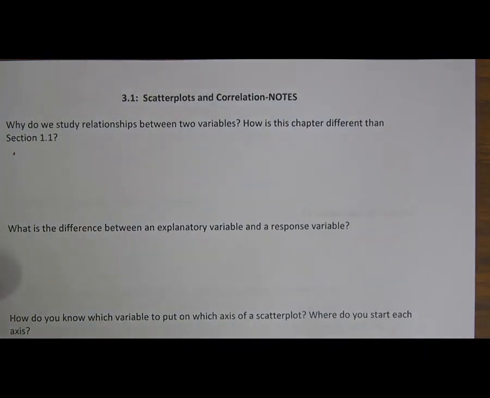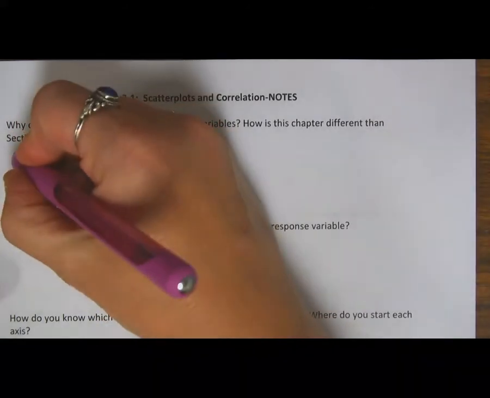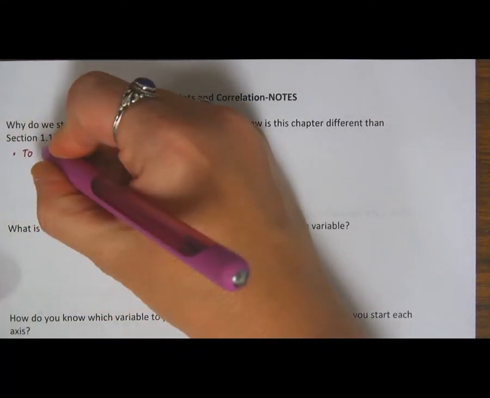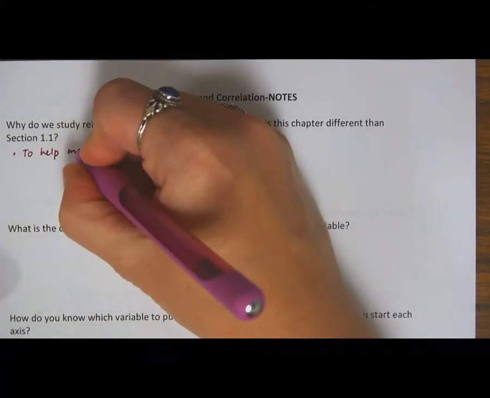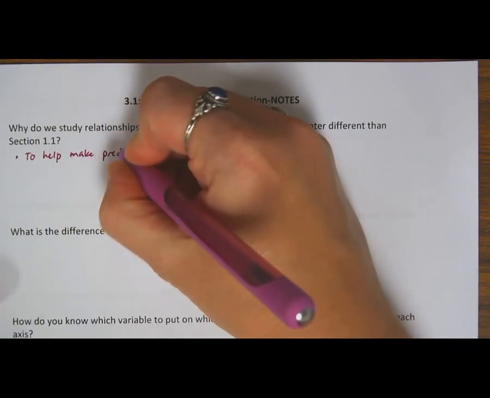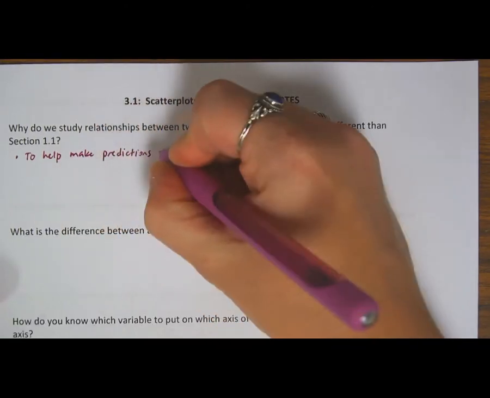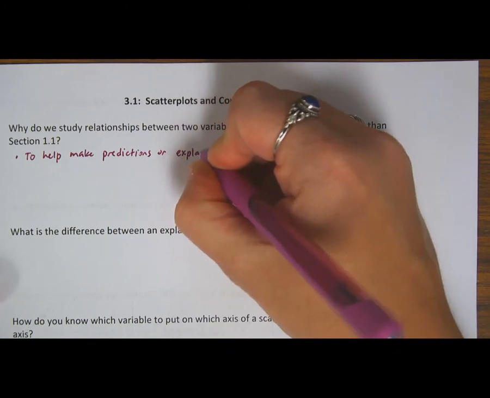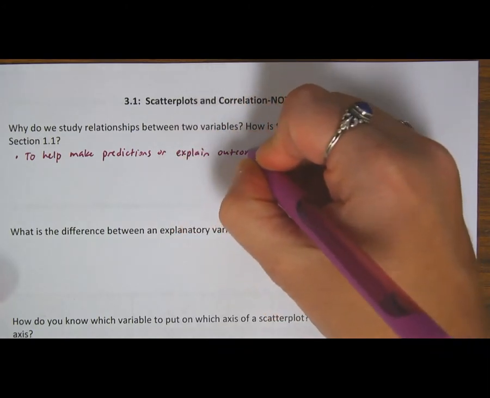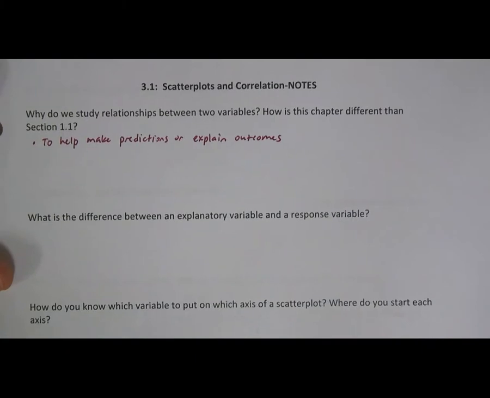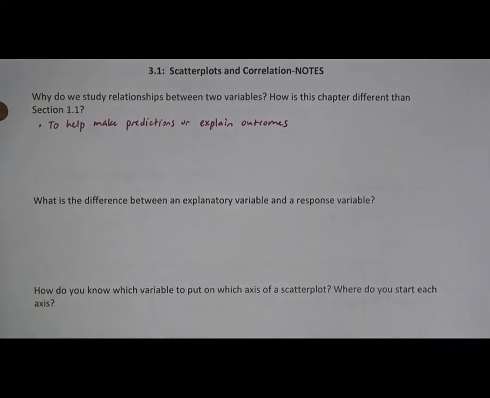It helps us make predictions or explain outcomes. So that we can take a small amount of data, a sample if you will, and we can possibly make predictions about the outcome.